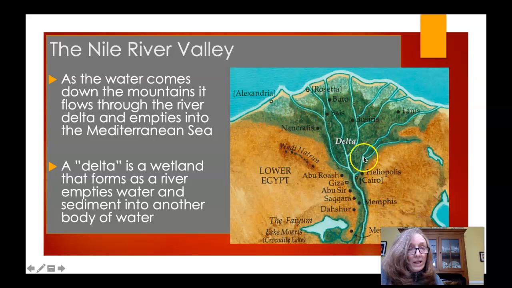So when it pours out into the Mediterranean Sea, it forms this triangular shape or delta, and all the sediment that is flowing with the river northward spreads out and creates this very fertile land. And that's what a delta is, where a river flows into another body of water and that sediment settles along the way and creates fertile farmland.